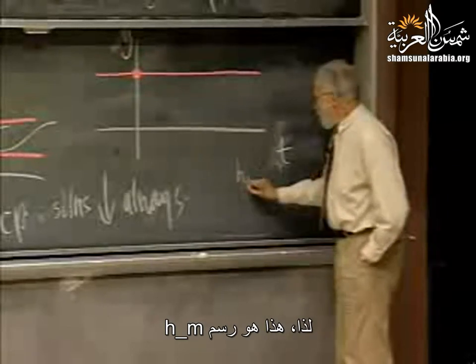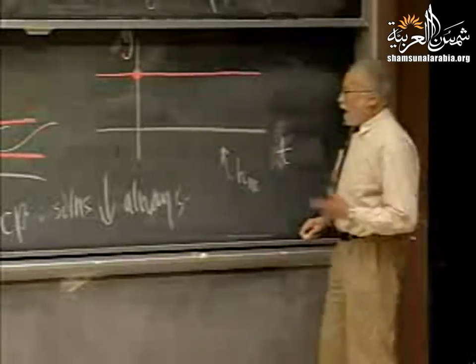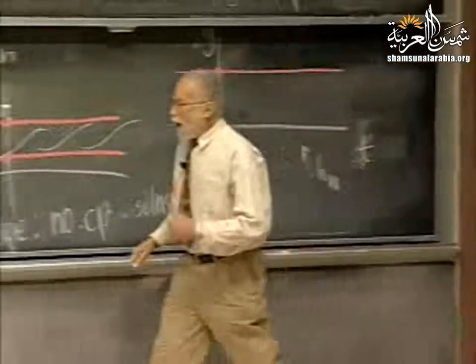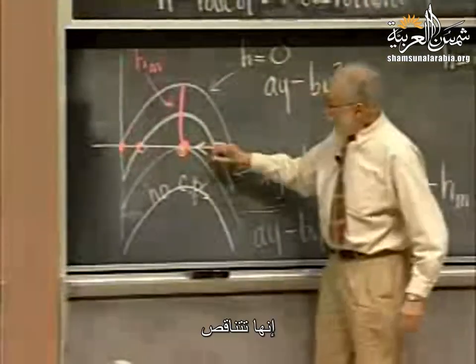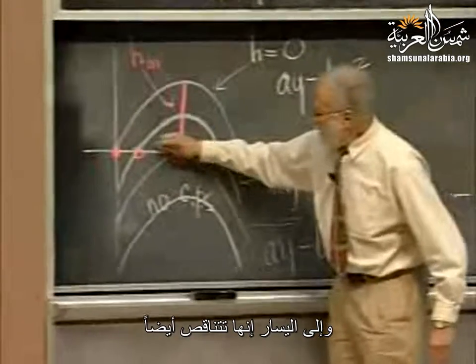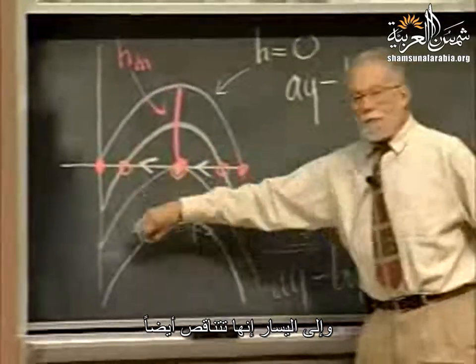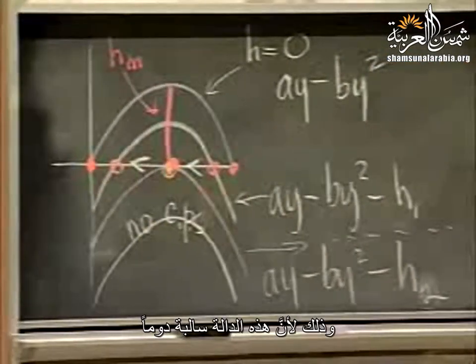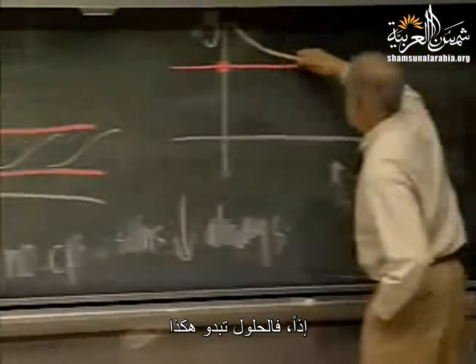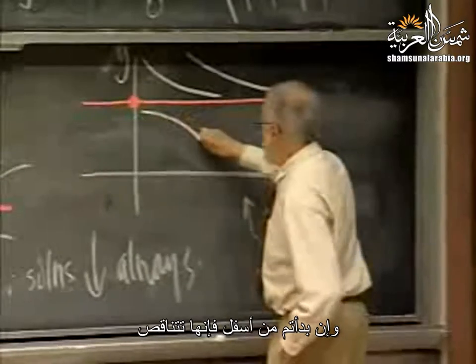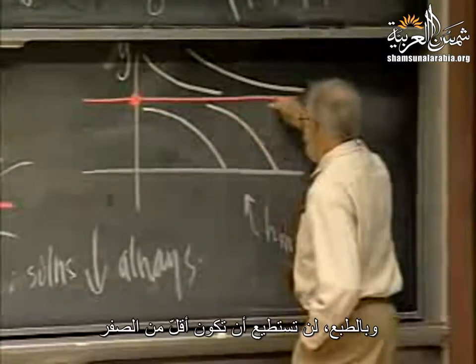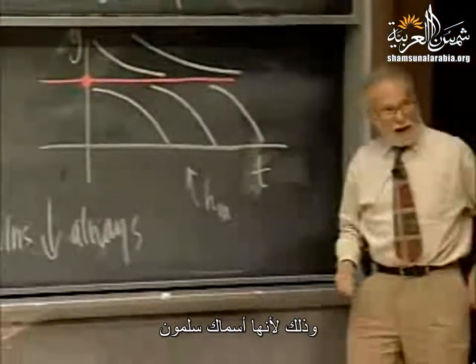This is the picture for hm. And how do the solutions look? To the right of that, they are decreasing, and to the left, they're also decreasing because this function is always negative. So the solutions look like this. If you start above, and if you start below, they decrease. And of course, they can't get lower than 0 because these are salmon.